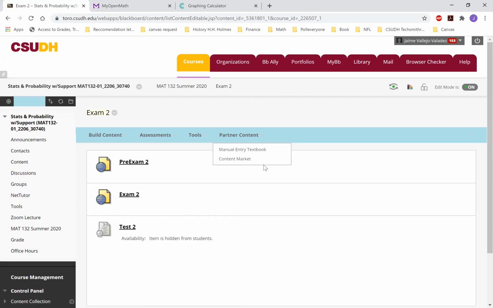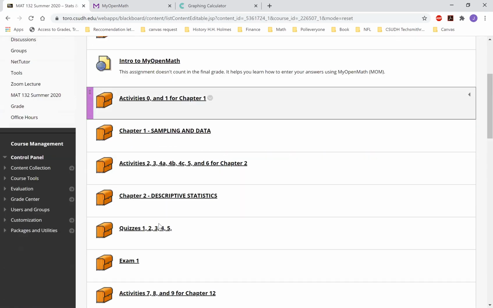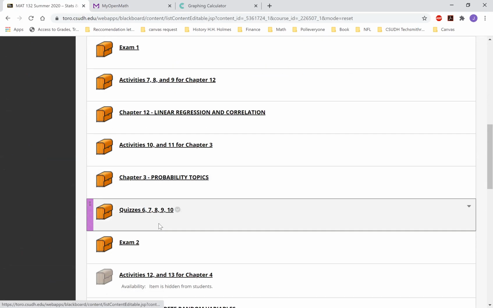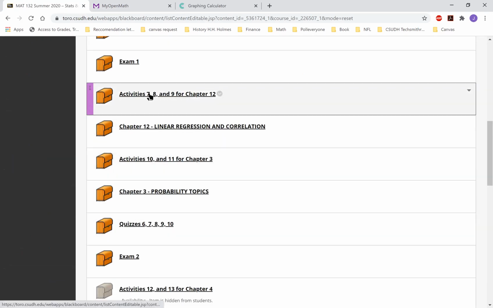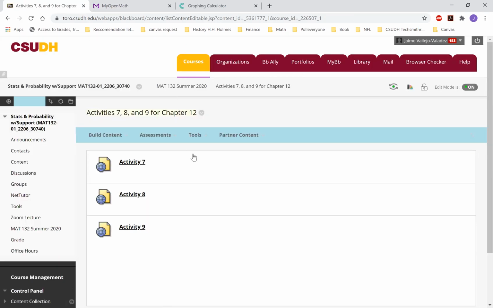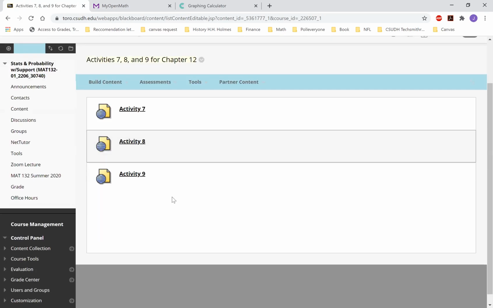Have you put up activity 9 and 10 yet? It should be 9 and 10. If you click right here, it says activity 7, 8, 9. No, I mean your solutions, like you doing it yourself.